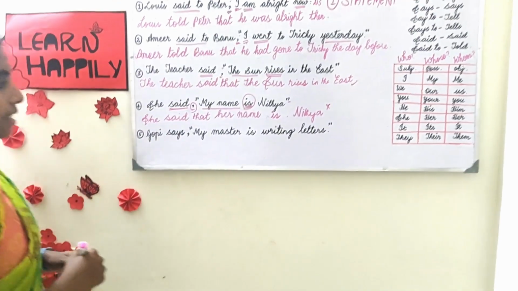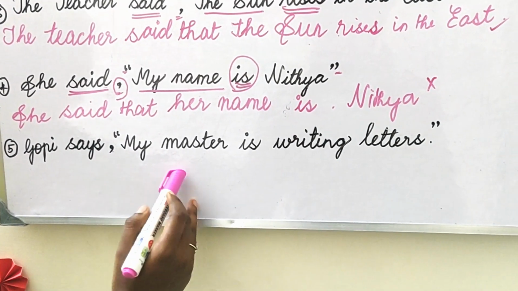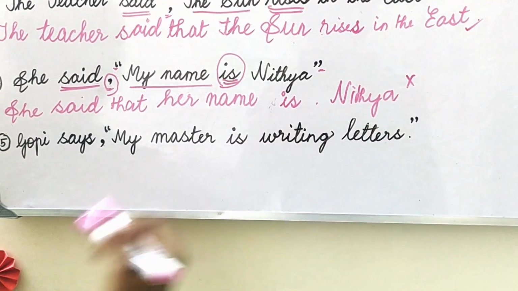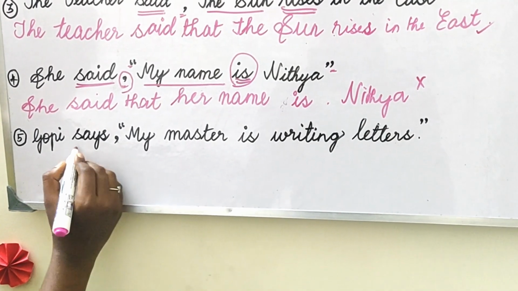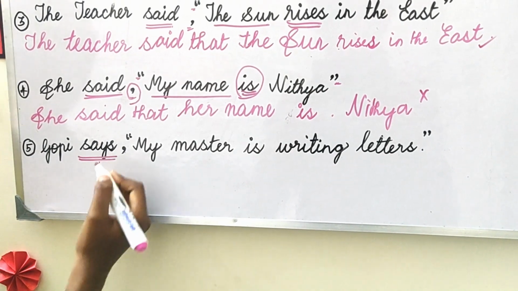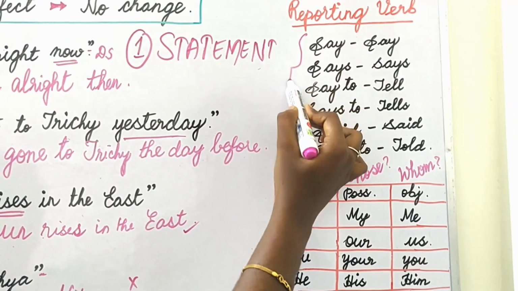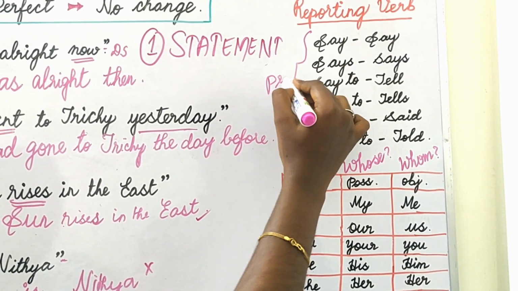Coming to the next sentence, Gopi says, my master is writing letters. See, this is one more exception I have given you. "Says." What's the reporting verb? Says. You know very well, say, says, say to, says to are all present, isn't it?